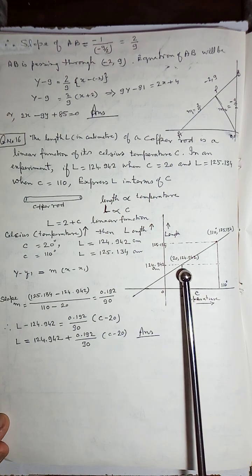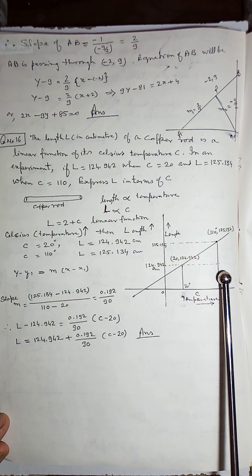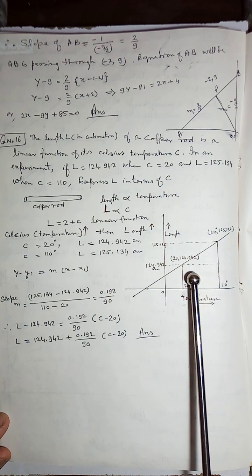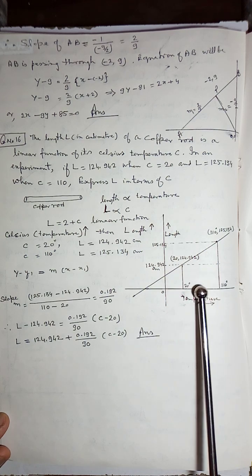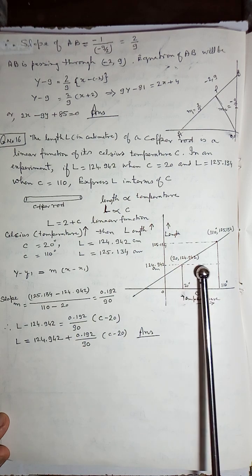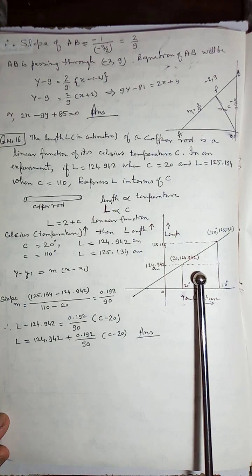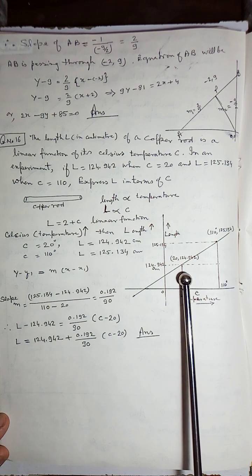So the difference along the y-axis indicates the increase in length, and the temperature difference gives the length of the base. So perpendicular divided by base will be the slope of this line.